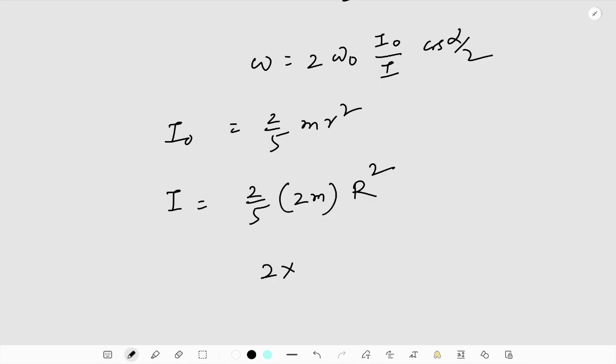Since their densities are the same, you can compare their volumes: twice of 4 by 3 pi r cube, the volume occupied by both the spheres, will become equal to 4 by 3 pi R cube, the final sphere. And so you can get the value of R.